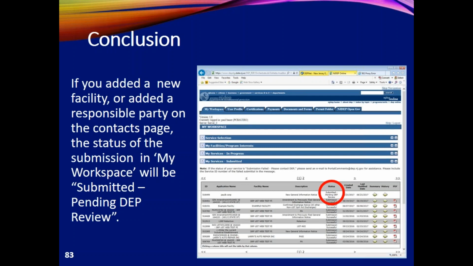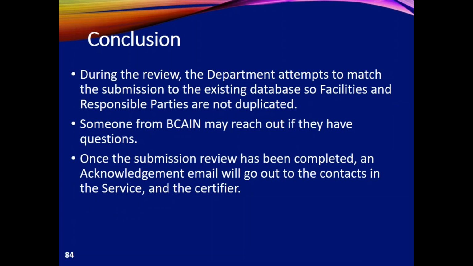And it links those instead of creating new ones if possible. If it was an existing facility and no new responsible entities went in, the submission should come in right away. So if anybody has questions during that review, somebody from BCANE may reach out and ask.